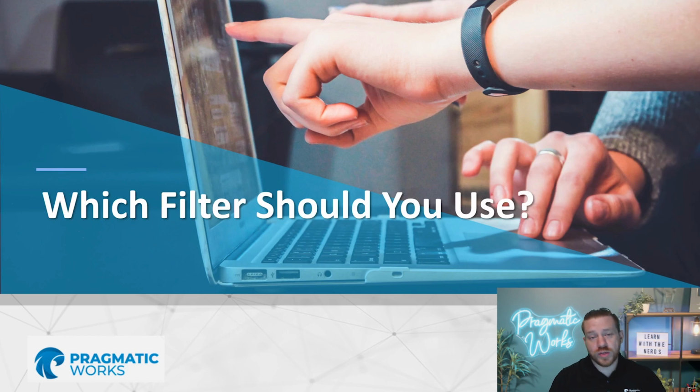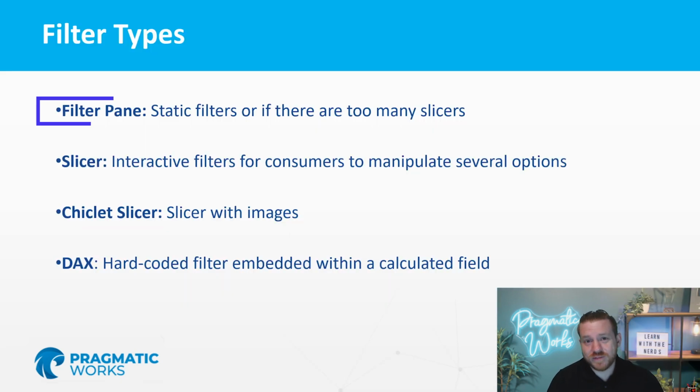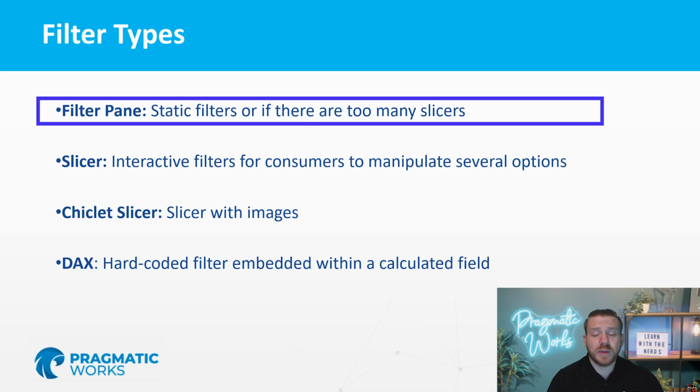So first off, let's run through the different filter types that are available. The first filter type we're going to discuss is the filter pane. Inside the filter pane of Power BI, this is where you can create different static filters that you typically wouldn't have your consumers or your end users modifying. Or if you did want your end users or consumers modifying it, then in that case, you might want to only use the filter pane if you have too many slicers on screen.